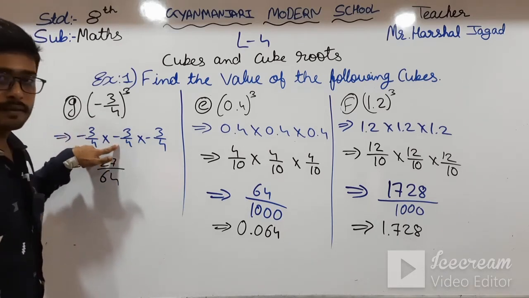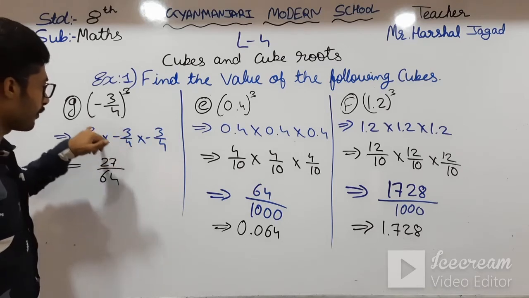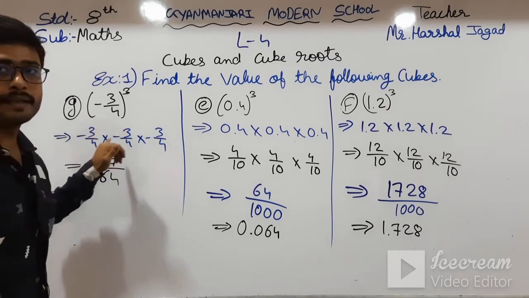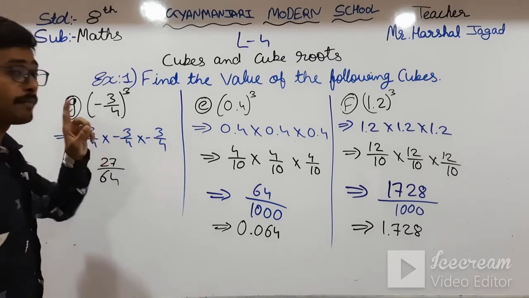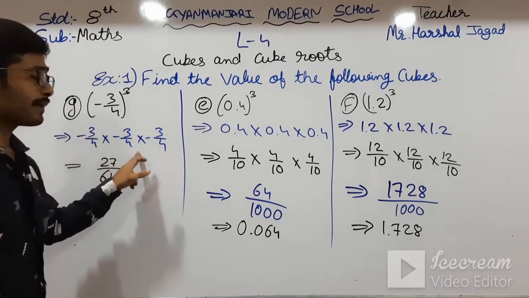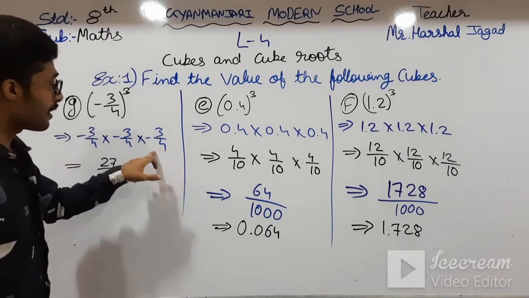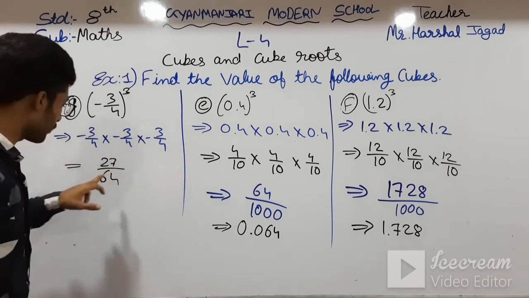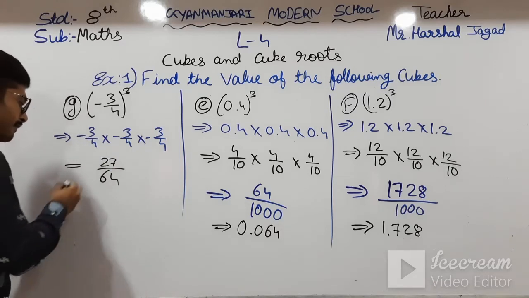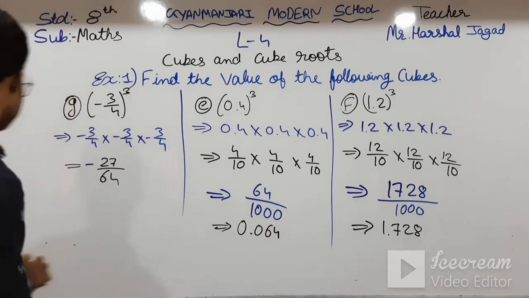Minus minus plus. 3 by 4 into 3 by 4. What we will get? 3 3s are 9. 9 by 16. That we will get plus 9 by 16. And then plus 9 by 16 is to be multiplied by minus 3 by 4. So plus minus minus. So here which sign will come? Here will come minus sign. Okay students.